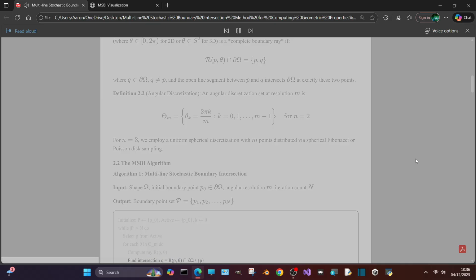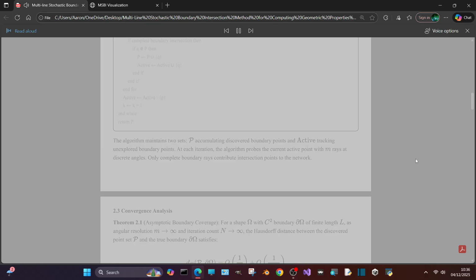Find intersection q equals r(p, theta) intersect the boundary. If complete boundary intersection, then if q is not in P, then P equals P union {q}, and active equals active union {q}.